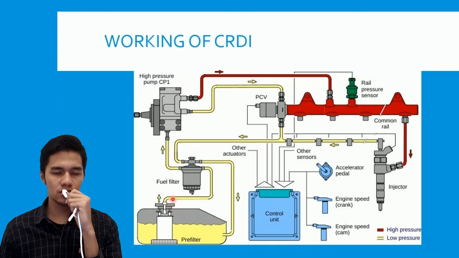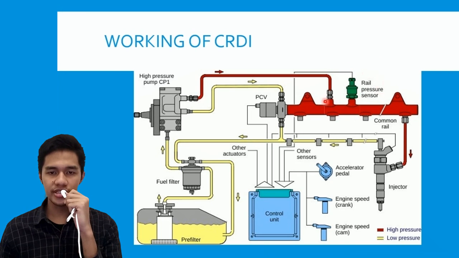The working principle of CRDI is shown in this picture. First, the fuel in the tank is filtered by the fuel filter and sucked in by the high pressure pump, which increases the pressure of the fuel. This pump is mainly a gear type pump. Then the high pressure pump feeds the fuel, this red line, into the rail.